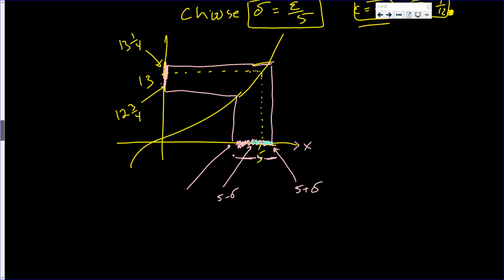And if I take a smaller interval, if I just take f of numbers in here, well then, yeah, I'll end up in here. I mean, my goodness, when I took f of a bigger interval, I ended up in here. So if I take f of just a smaller one, I'll end up in there. Fair enough. I'll even end up in a tighter neighborhood or interval around 13.